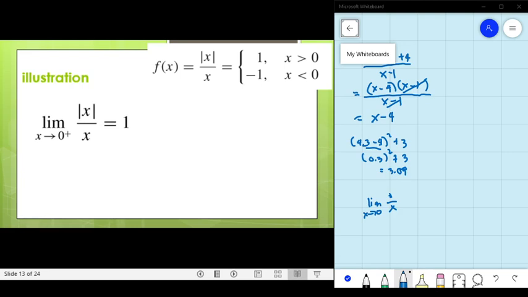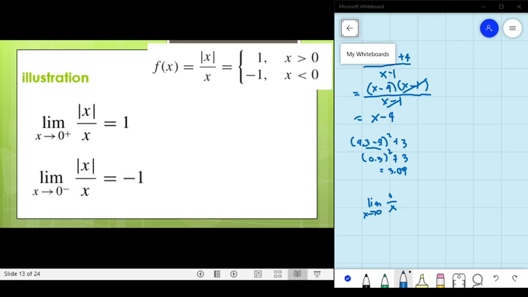So in this case, the limit of this function is 1 as x approaches 0 from the right. From the right, you consider greater than 0, so the answer is 1. It gets closer and closer to 1. And from the left of 0, it goes to negative 1.